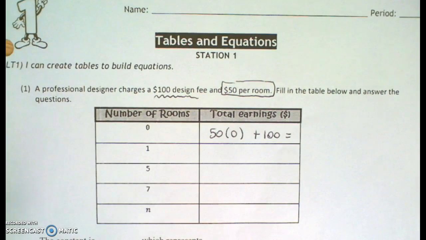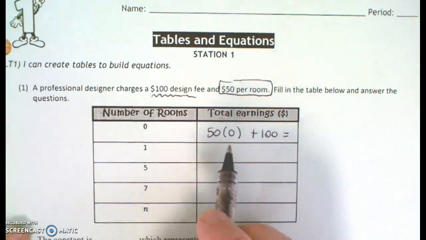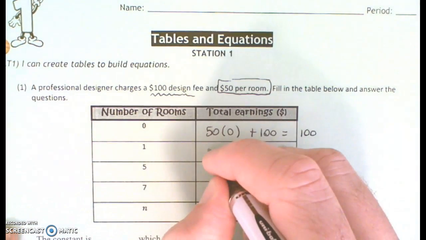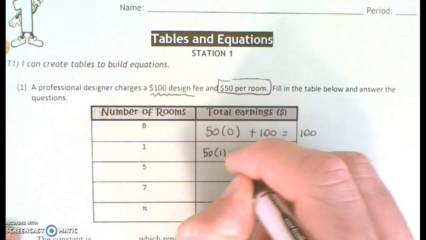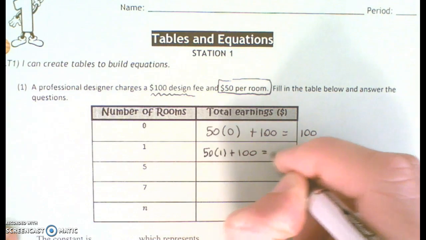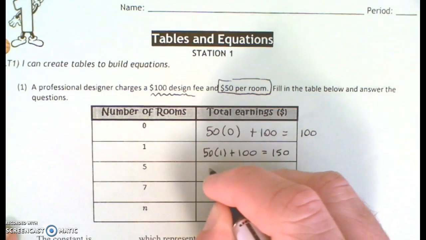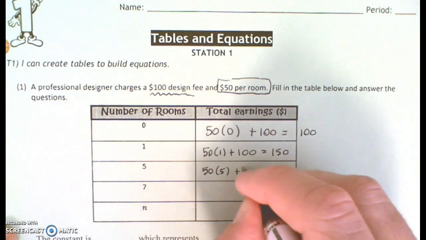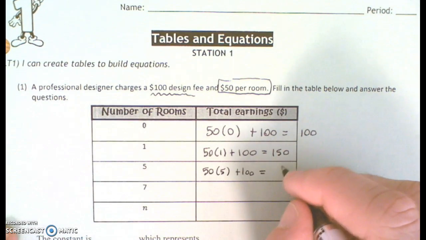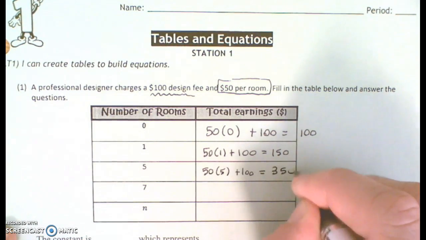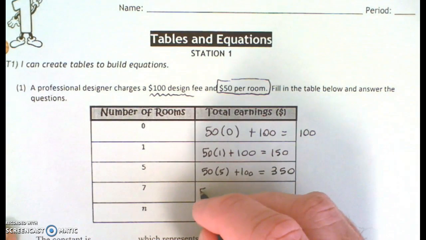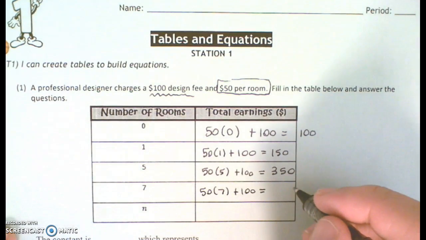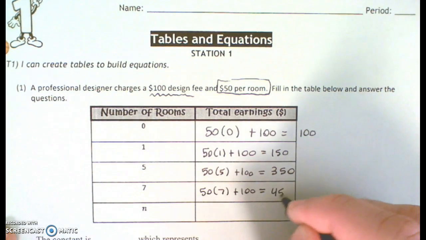So 50 times 0 is 0 plus 100 is 100. 50 times 1 plus 100, that gives me 150. 50 times 5, because notice it's a 5, plus 100, gives me 350. 50 times 7 plus 100 gives me 450.